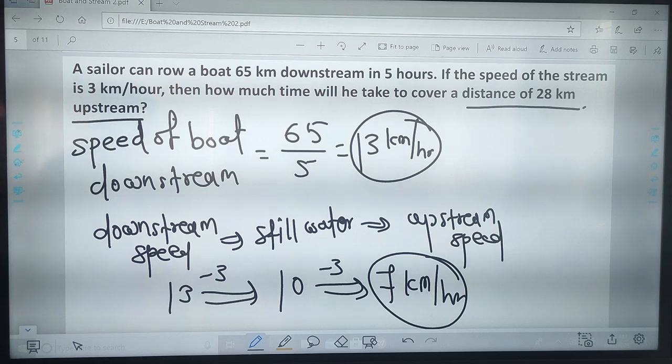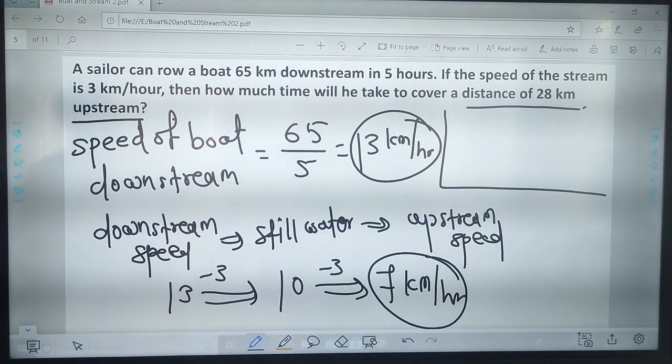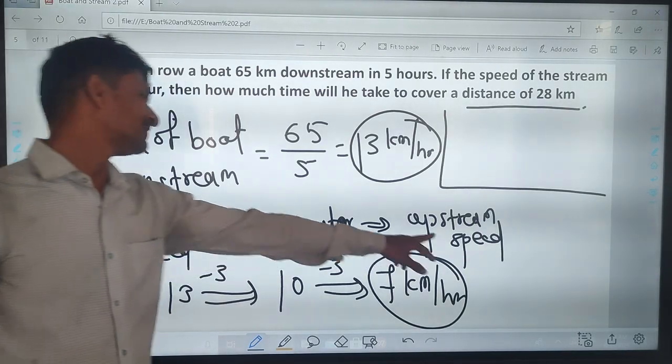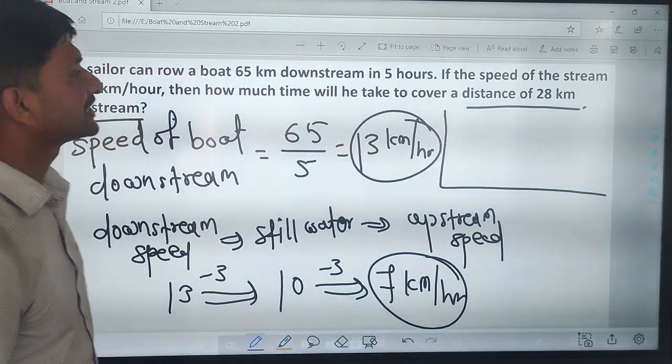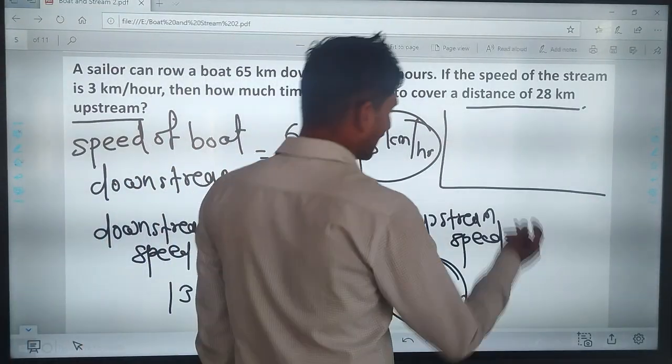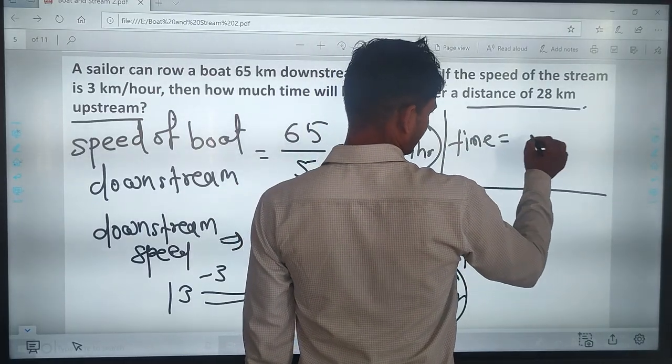Then here, the time required to cover a distance of 28 km upstream. Here the upstream speed is 7 km per hour and the distance covered is 28. Time is equal to distance over speed.